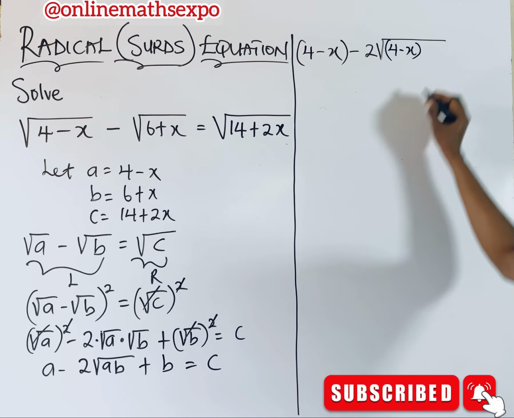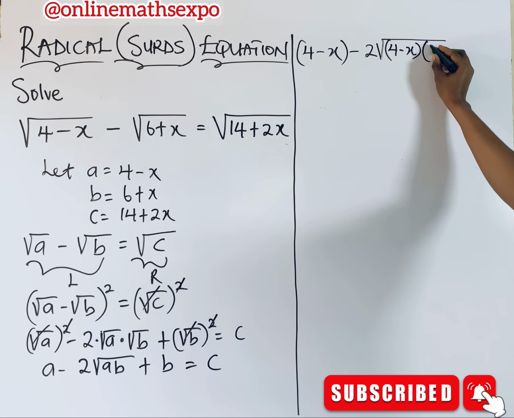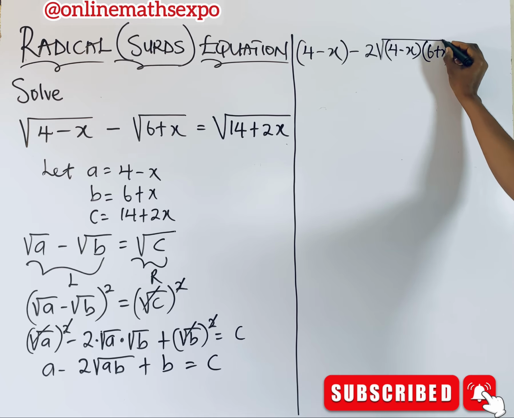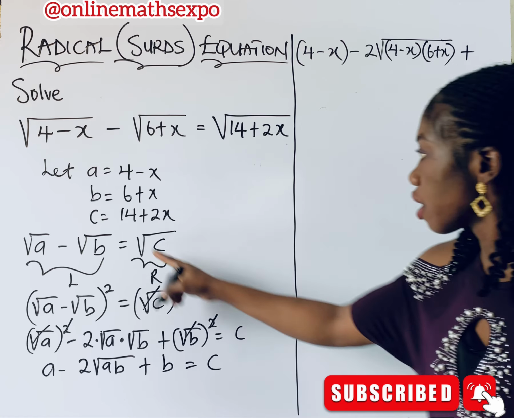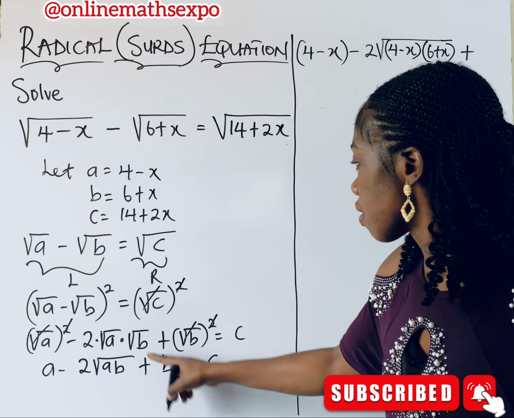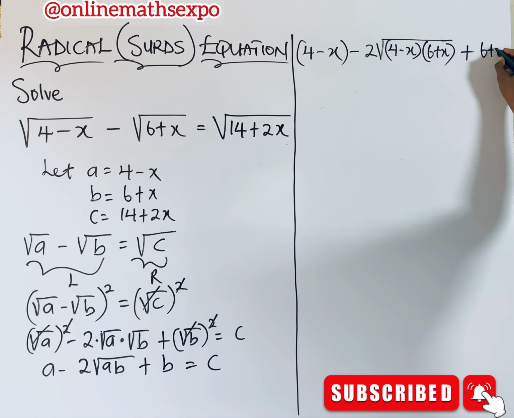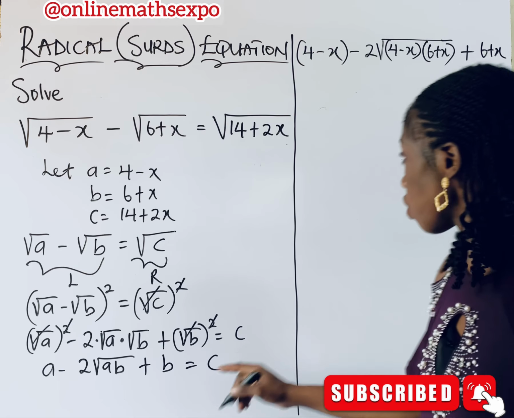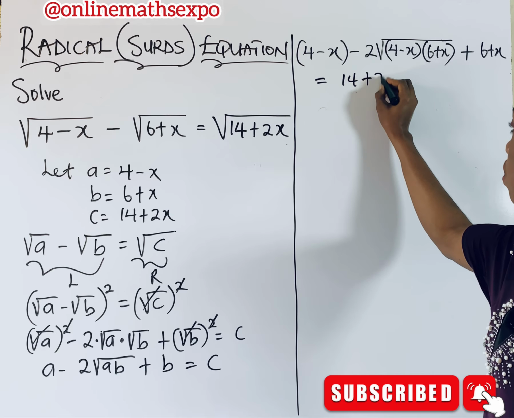And they are multiplying each other. So it's multiplying what again? Our B is 6 plus x. Plus our B is 6 plus x, from what you have here. Then is equal to, what is our C? Our C is 14 plus 2x.